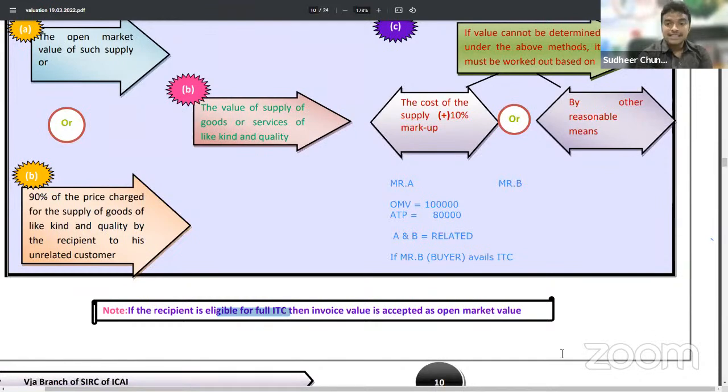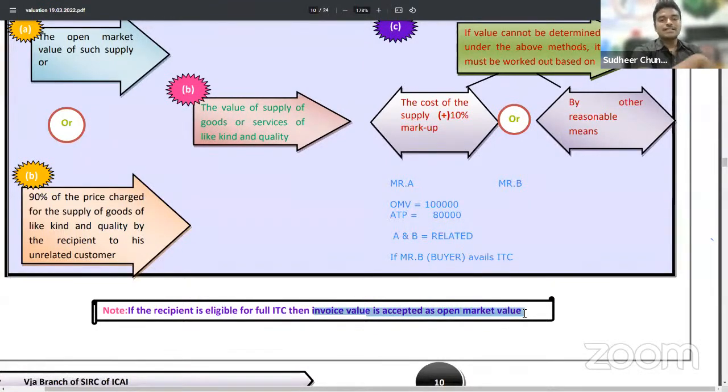That's why in these cases you pay GST on 80,000 only. That means the transaction value will be accepted as the invoice value, and the transaction value will be accepted as the open market value in such a case.